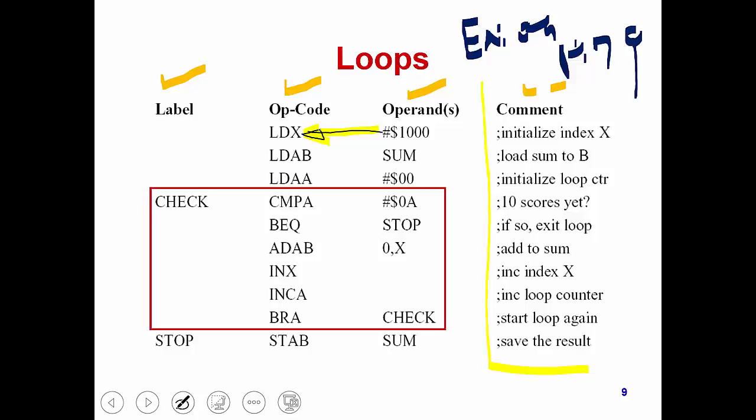Then we load the value into accumulator B. What do we load? We load the sum. What's the sum? I assume SUM is a label and is defined before, assume here it will be defined using a data directive.